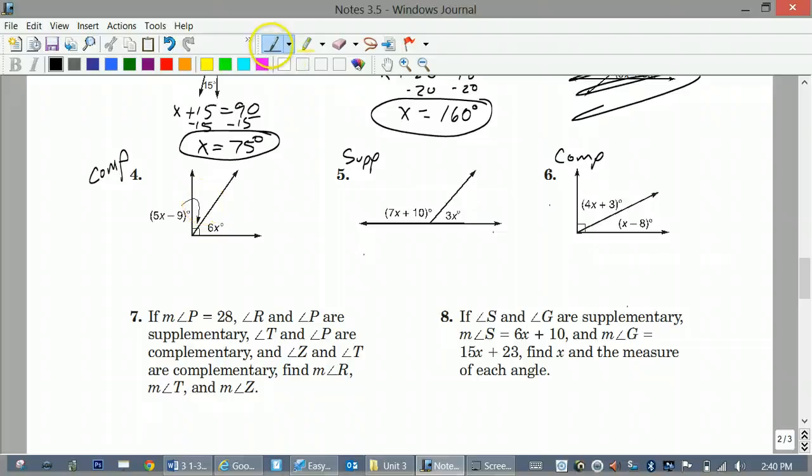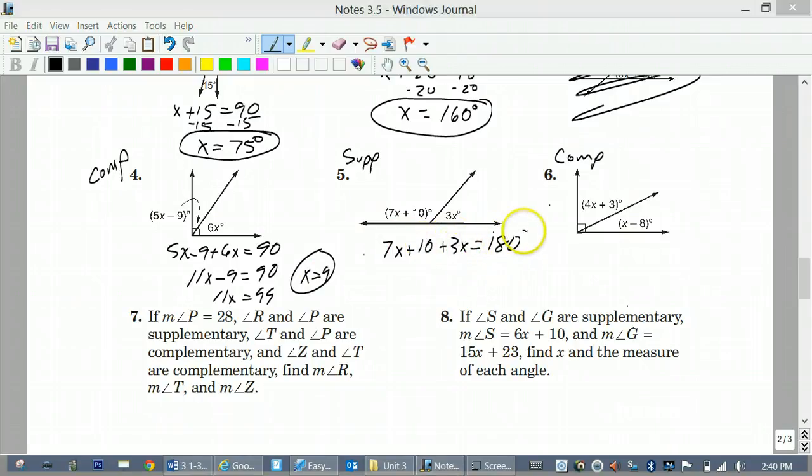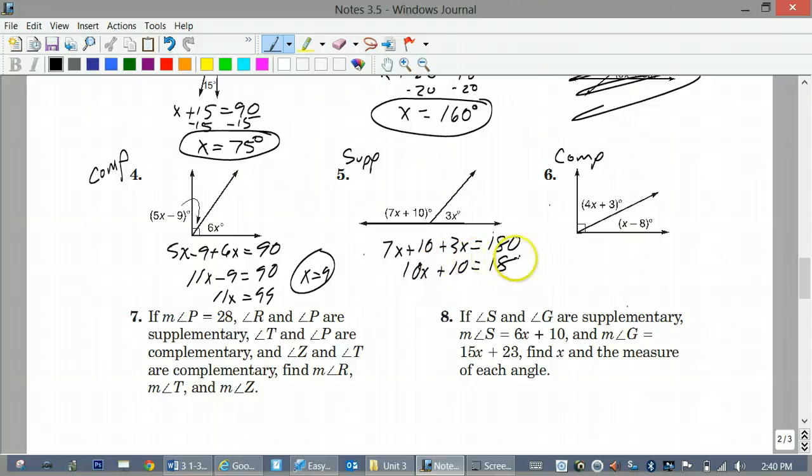So these two are adding up to 9, and we combine that to simplify. So 11x equals 9. The next one, number 5, they add up to 180 because they're supplementary. 10x plus 10 is 180.